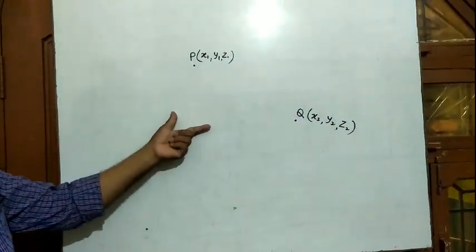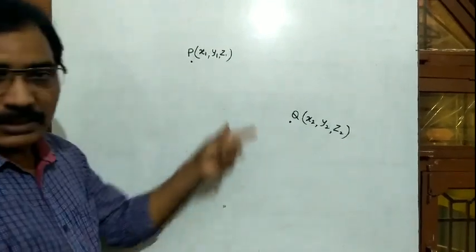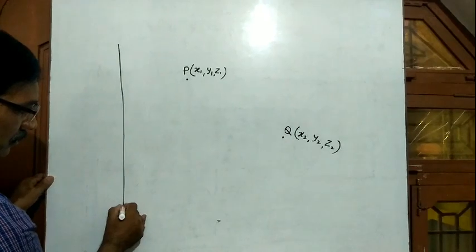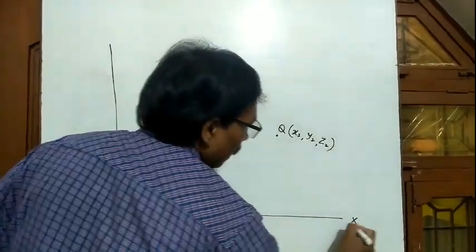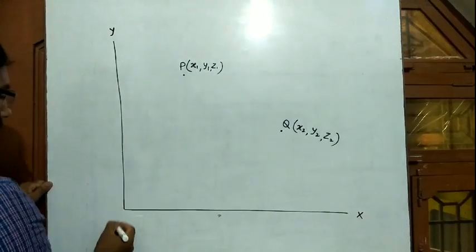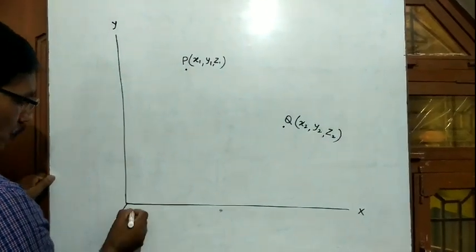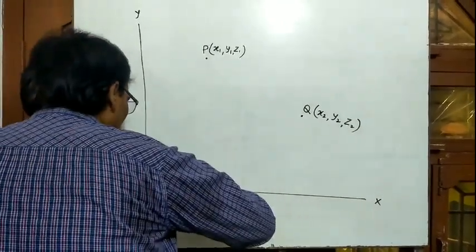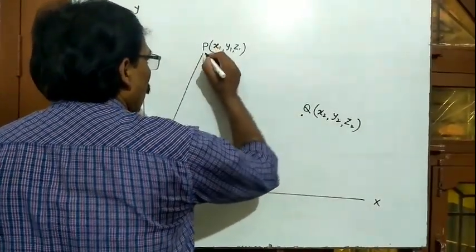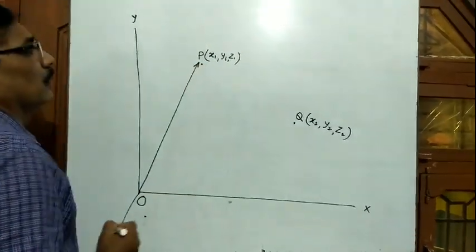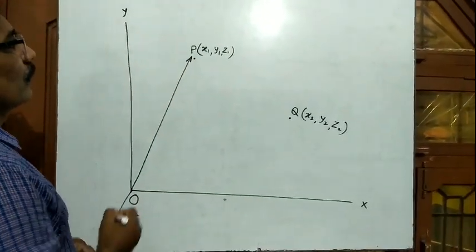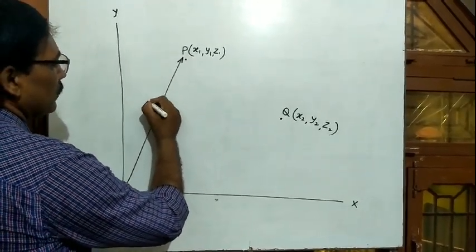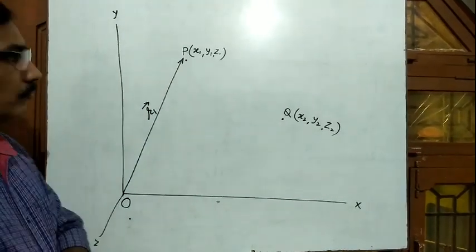If we want to draw the position vector of these points, then we will draw these coordinate axes here, x, y and z axis. This is origin. Now if we draw this vector OP, suppose it is vector R1.